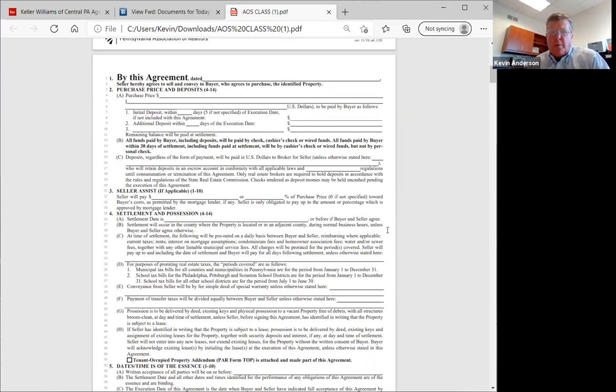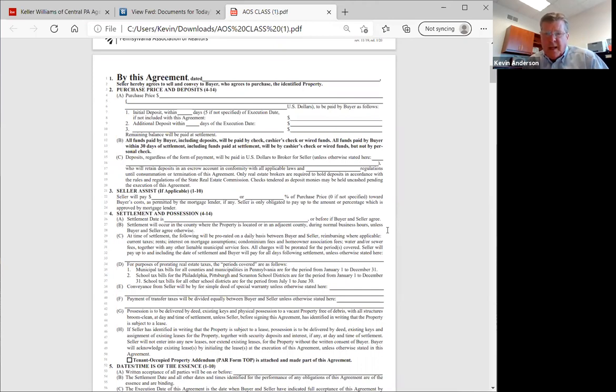So we have the proration. Paragraph 4C talks about the proration of taxes, interest, rents, homeowners association fees, water and sewer rates, that kind of thing. The title company handles it, but it's in there.